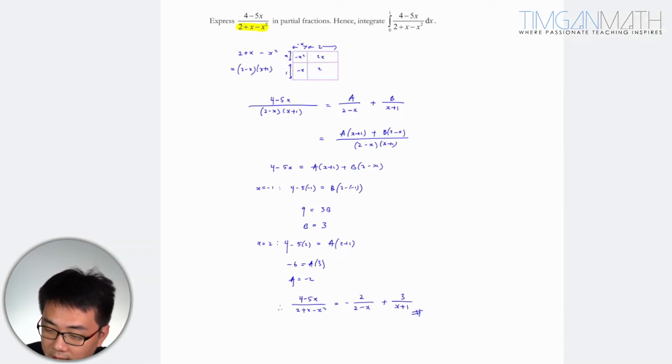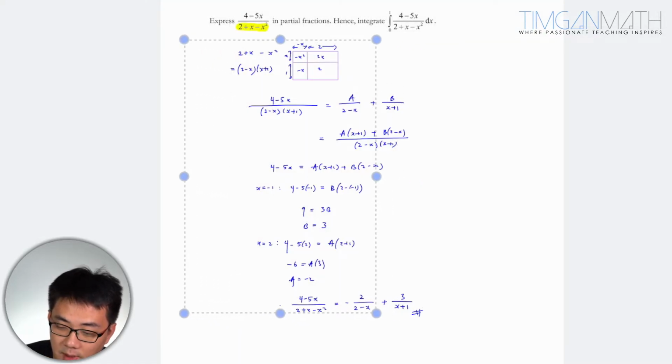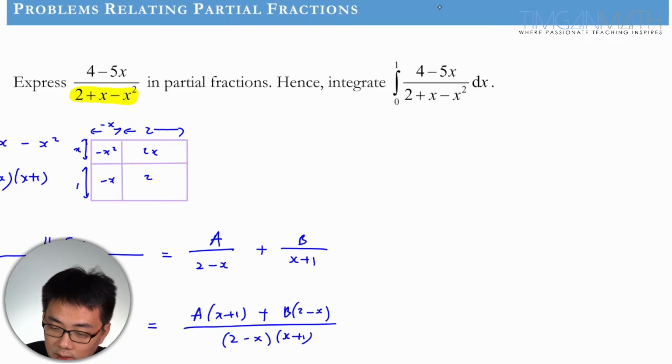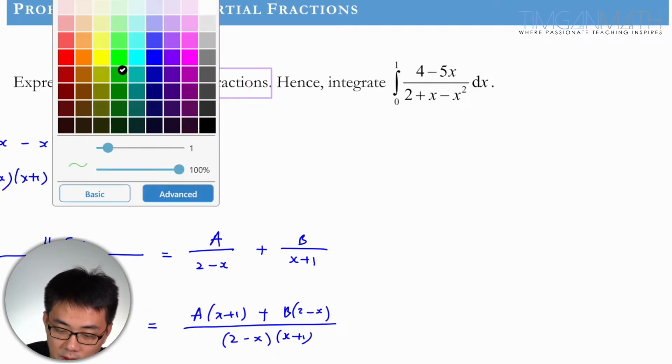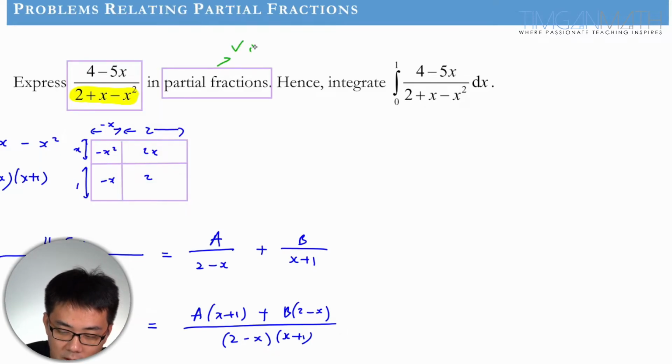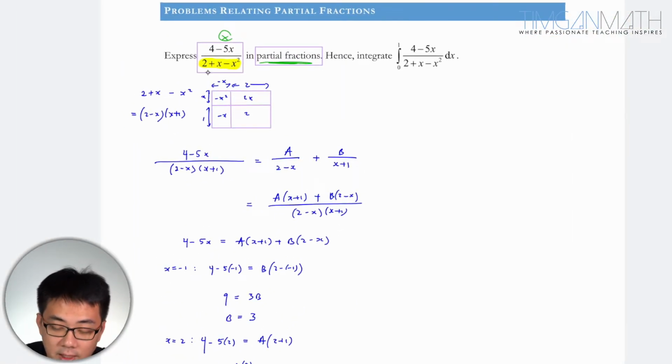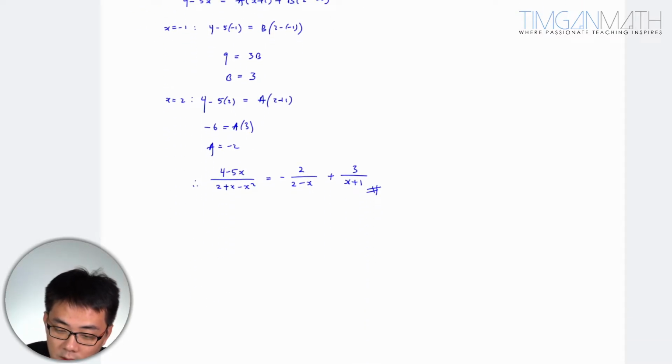Now, after which, hence integrate the next part. You know that you can't really integrate this straight away, but the partial fraction you can integrate. Okay, so this can be integrated. So we're just gonna substitute what they ask us to change. We can't integrate this, at the very least not straight away, so we need to use the partial fraction form here.